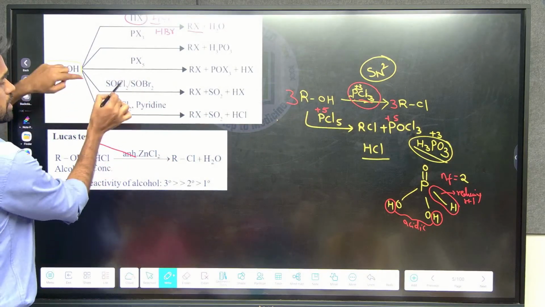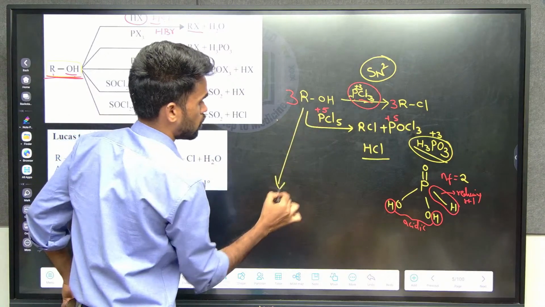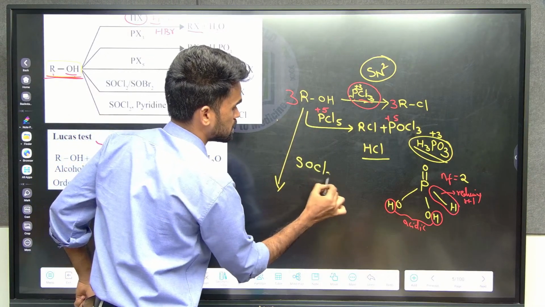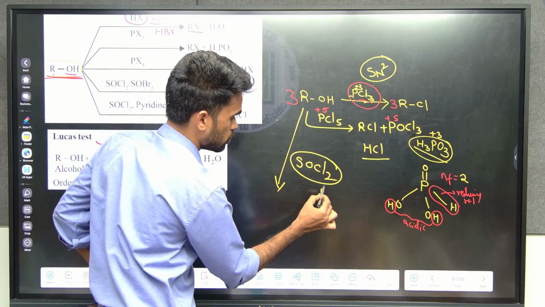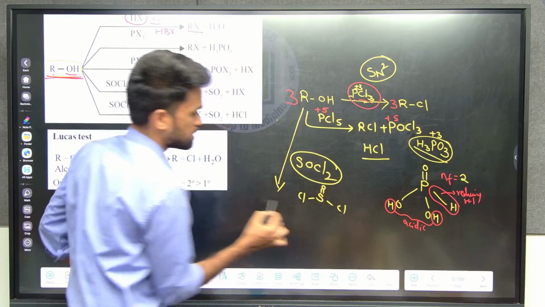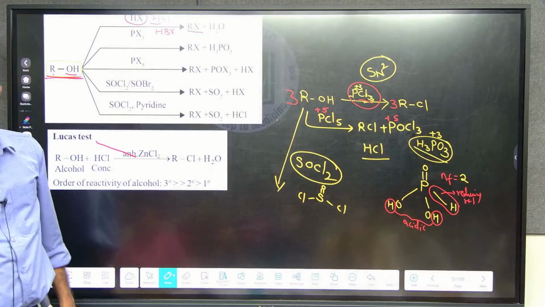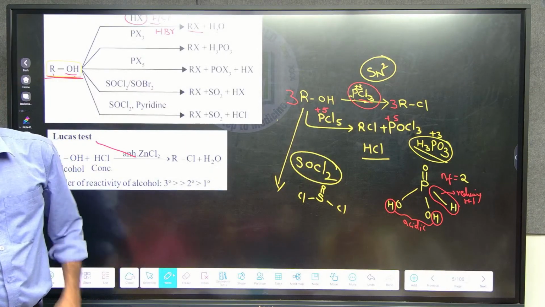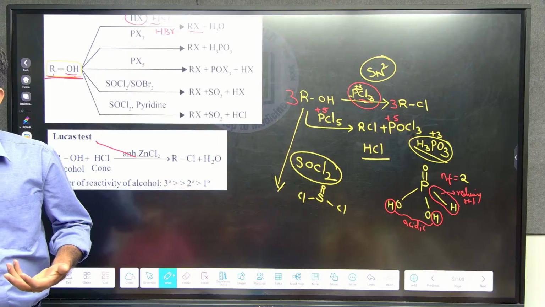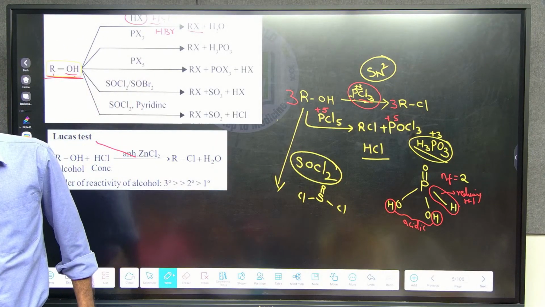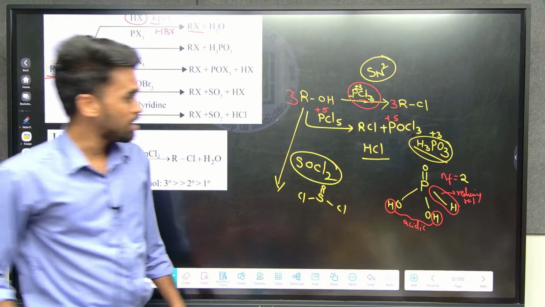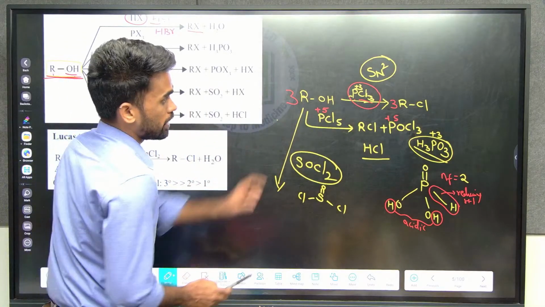Next one is thionyl chloride. Alcohols with SOCl2. Its structure is like this: SOCl2. This is called thionyl chloride.